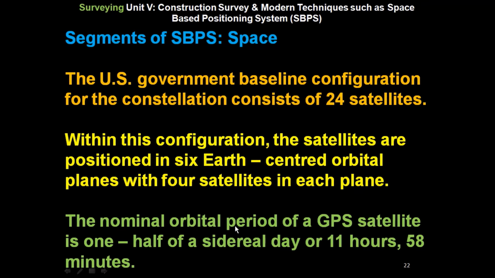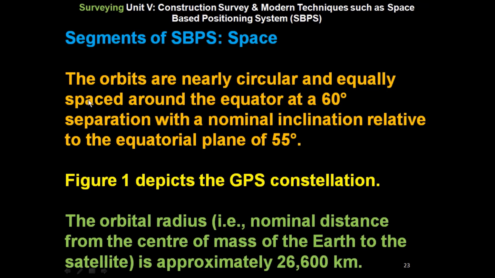The nominal orbital period of a GPS satellite is 1/2 of the sidereal day, or 11 hours 58 minutes. The orbits are nearly circular and equally spaced around the equator at a 60-degree separation, with a nominal inclination relative to the equatorial plane of 55 degrees. Figure 1 depicts the GPS constellation.